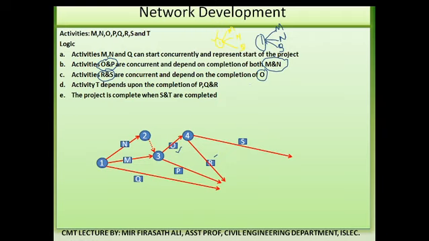The next is T depends upon completion of P, Q, R. See, activity P is over here, activity Q, activity R. On completion of these 3 activities, activity T starts.